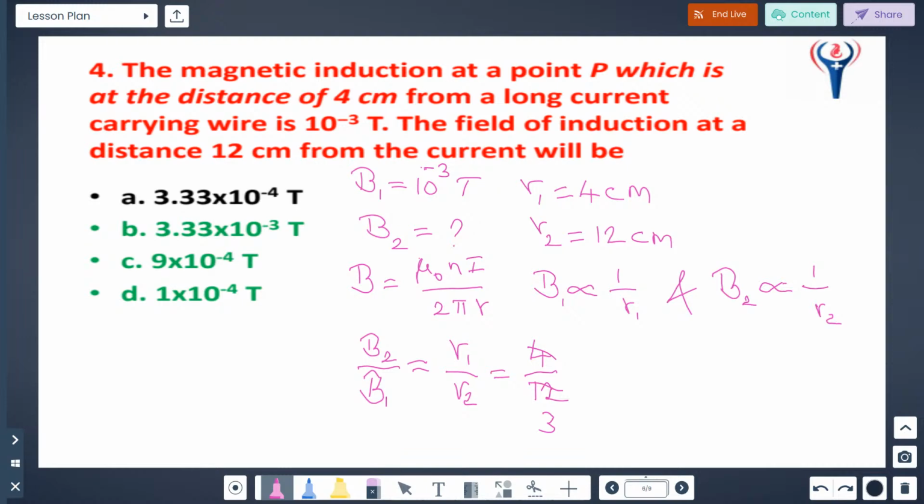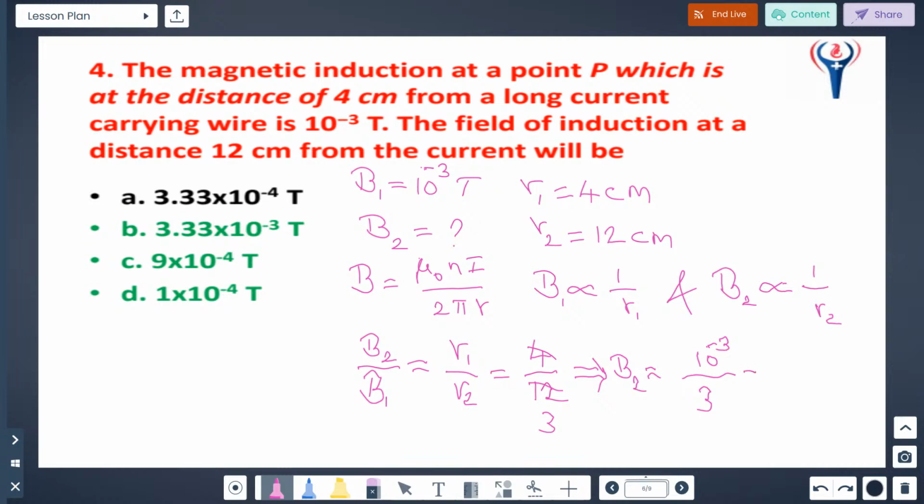So B2 by B1 equal to 1 by 3, then B2 equal to B1 by 3 and B1 is 10 power minus 3. So 10 power minus 3 divided by 3. It's just like 1 by 3. 1 by 3 is 0.33.